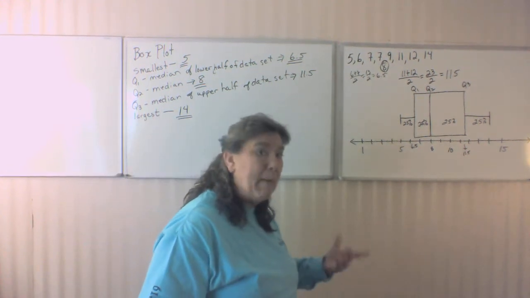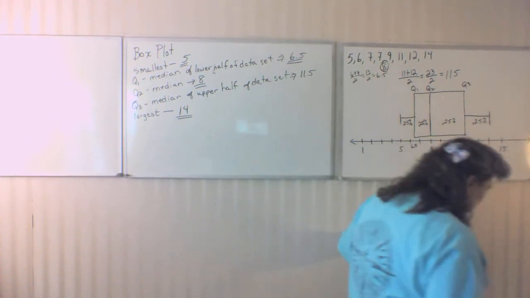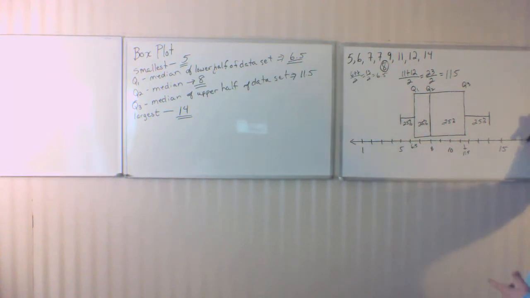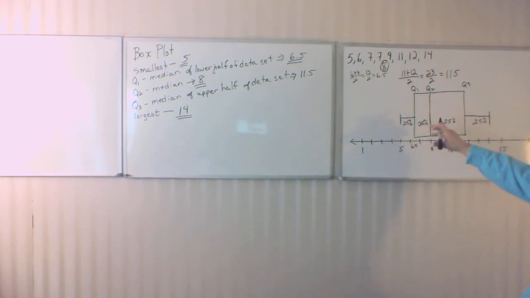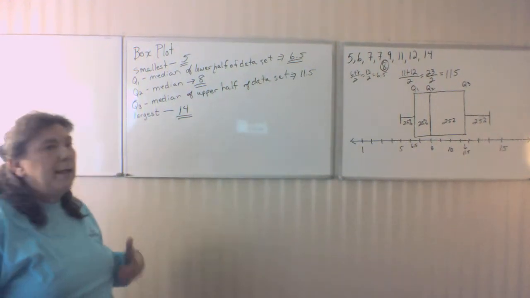Another thing it might show is an outlier. For example, if this here had been all the way up to 20, that would have shown that we had an outlier up here that was really way away from the rest of the bulk of the data. And so an outlier can also show up on a box plot.